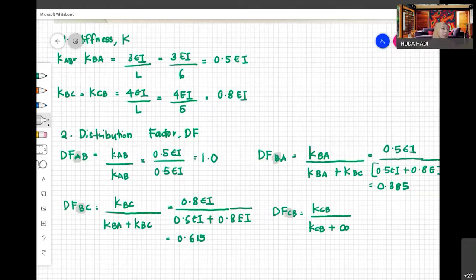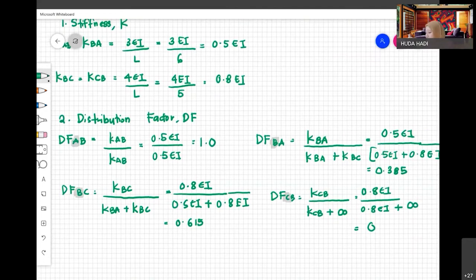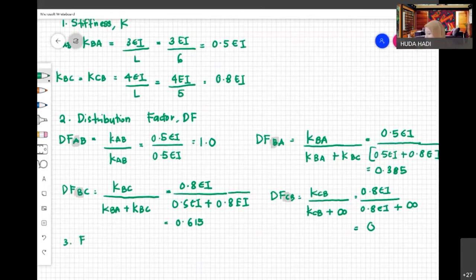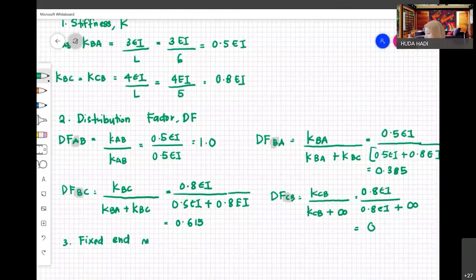So dia ada that infinity beam that help to balance the load. Like that. KCB is 0.8 EI divide with 0.8 EI plus infinity. So jadi kosong. Okay, so kita dah siap on the distribution factor, then we can do the fixed end moment.